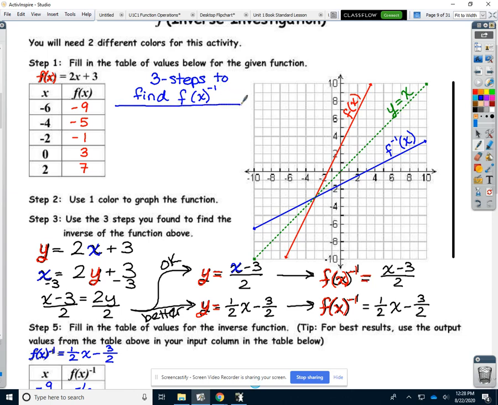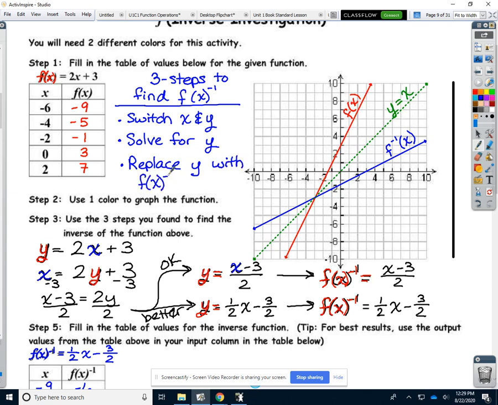So 3 steps to finding the inverse of f of x. The first step is pretty simple. We switch x and y. Then we get y by itself. So we solve for y, and then we replace y with f of x to the negative 1, or replace y equals with f of x to the negative 1 equals.